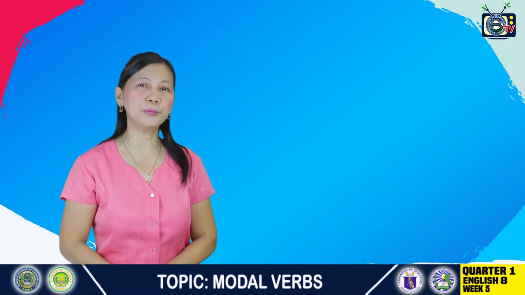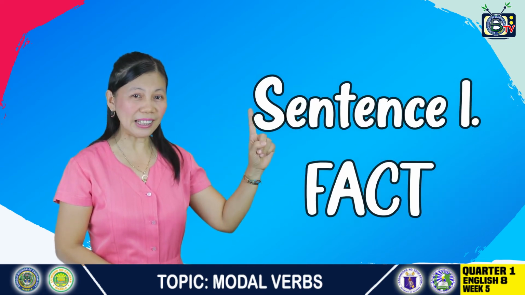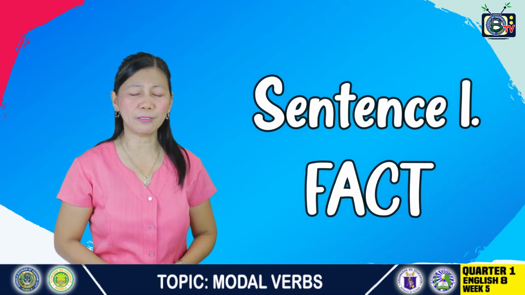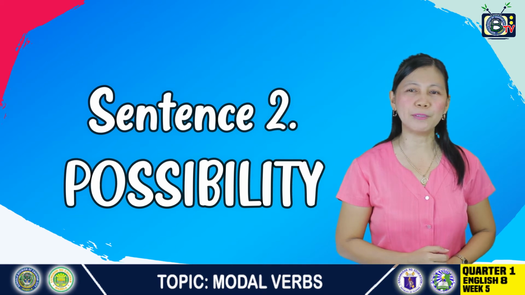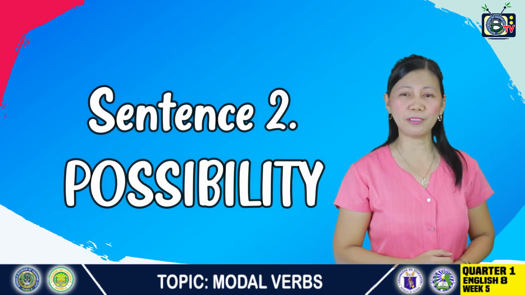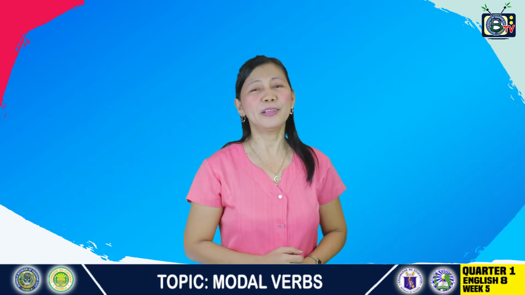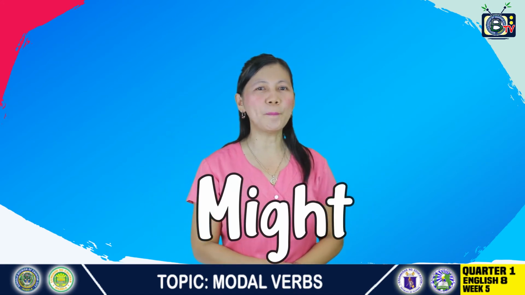Sentences 1 and 2 have different meanings. Sentence 1 states a fact that his mother is too old for horseback riding. Sentence number 2 expresses the possibility that his mother could no longer do a horseback riding due to her age. The presence of the word might in sentence 2 makes the meaning different.